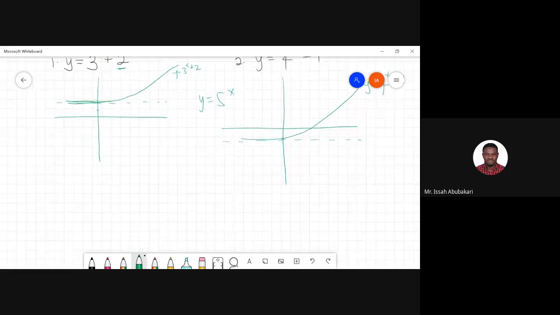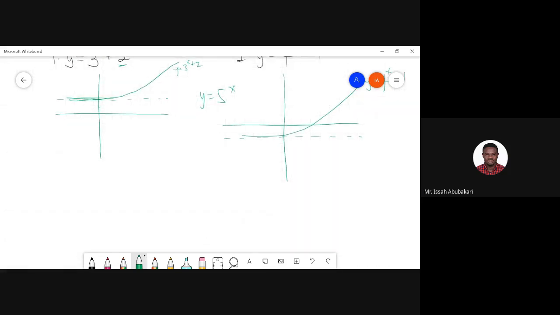Now let's look at number 3. Our question 3 will be given as y is equal to 2 exponent minus x minus 3. Sorry, it's supposed to be x.